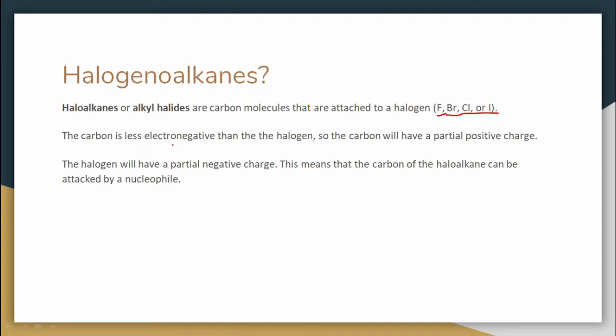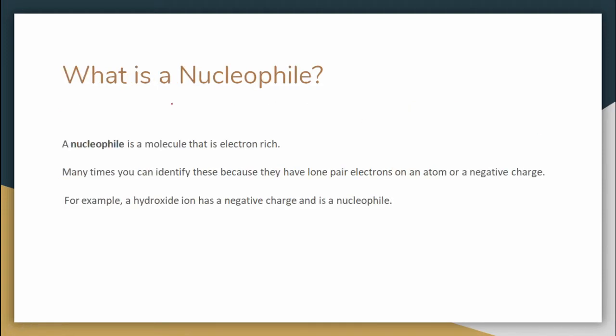The carbon is less electronegative, so the carbon will have a partial positive charge, and the halogen has a partial negative charge, so the carbon can be attacked by a nucleophile. So what is a nucleophile? It's a molecule that is electron rich.